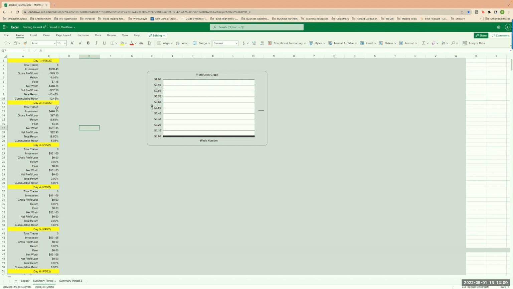If our aim is to make a 10% gain on our account each day as our target, that needs to include the cost of the transaction. And I have a cumulative total here. On the first day, we're down 10.4% after the fees. Then on the following day, we had a gain of 18.5% for that particular day.